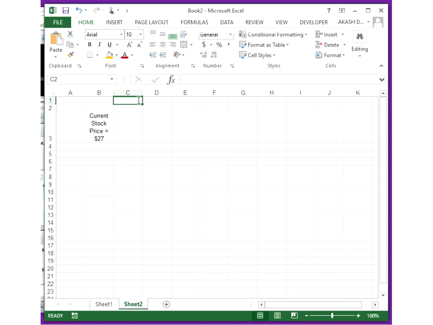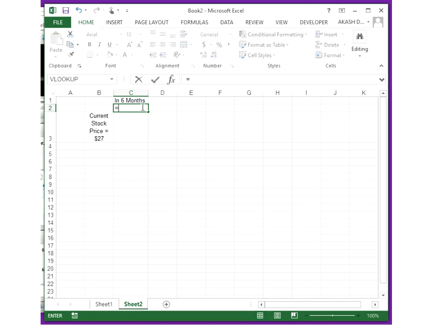Now in 6 months, it can either go up by a factor of 1.41, which is going to be 27 multiplied by 1.41. That's $38.07.